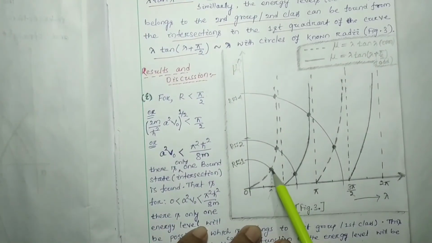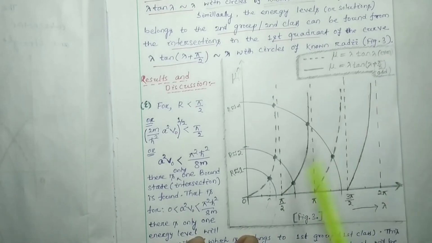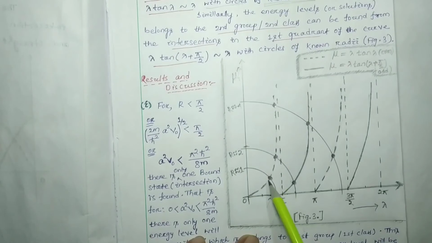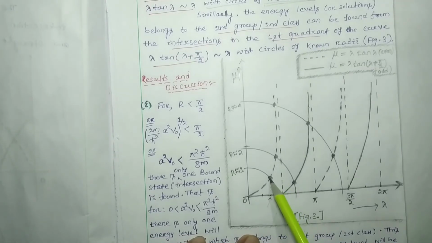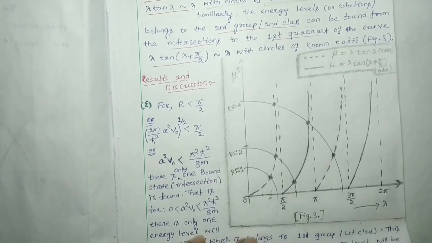The ground state means this one, the first energy state or first bound state of the particle, which intersects the first class solution, the even parity solution. So this intersection indicates the ground state, and the ground state is always even parity.